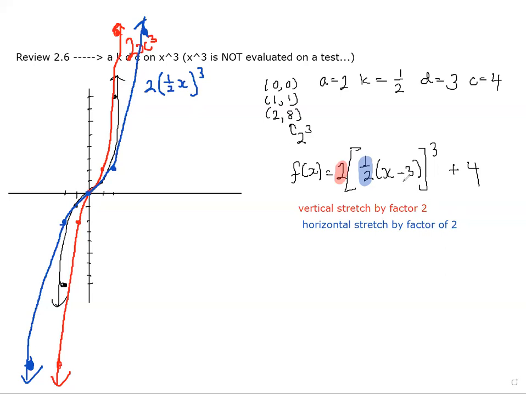Now, again, I know that this is going to be moving 3 to the right and 4 up. To save myself some time, I'm going to do it all at the same time. It's going to be a horizontal shift, right 3, and vertical shift up 4. I meant to do that in green.